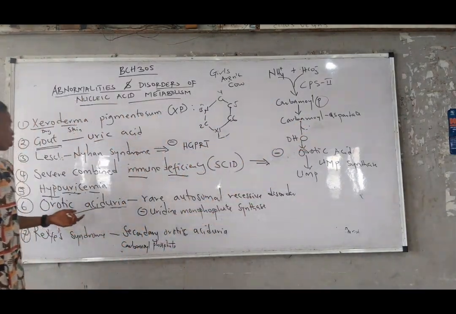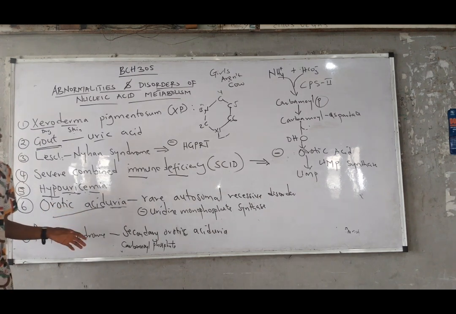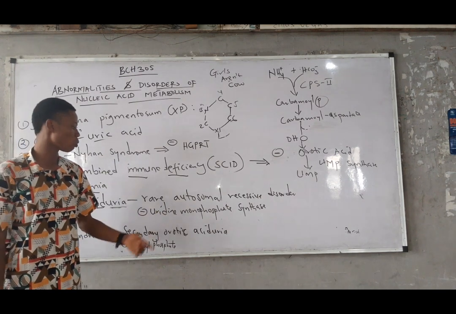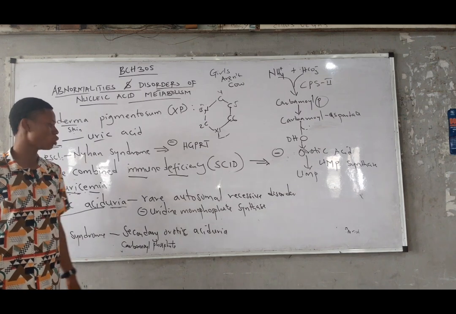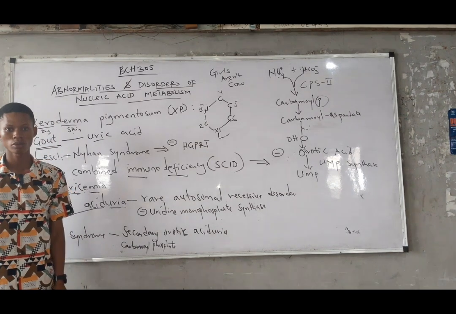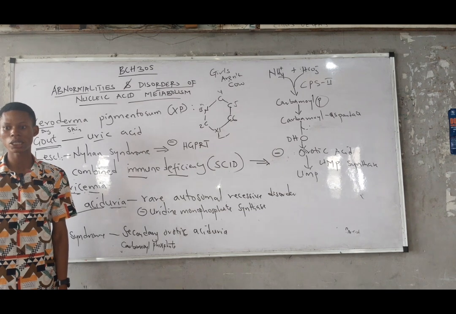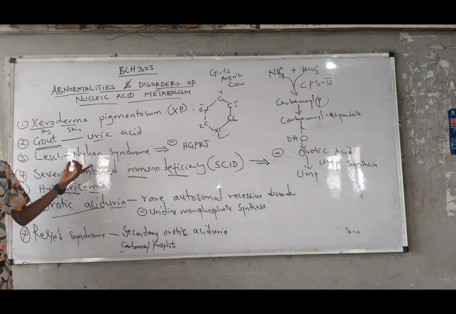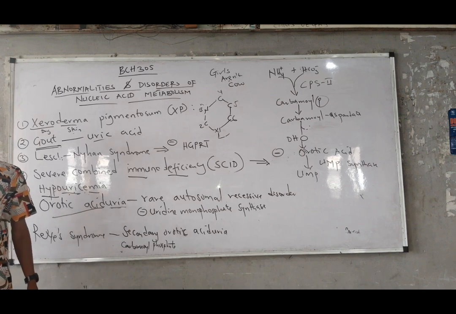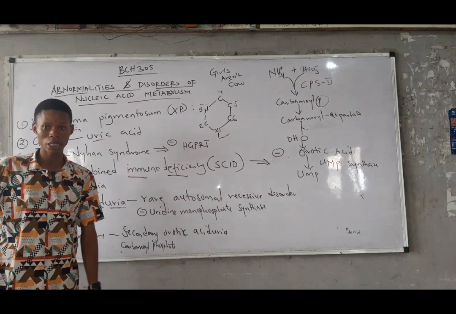Alright, good. So in orotic aciduria, we said it's a rare autosomal recessive disorder, right? Which one did we say is X-linked? Which disease is X-linked? Okay, we said Lesch-Nyhan syndrome is X-linked, right? Do you know what that means? It's linked to the X chromosome, right?